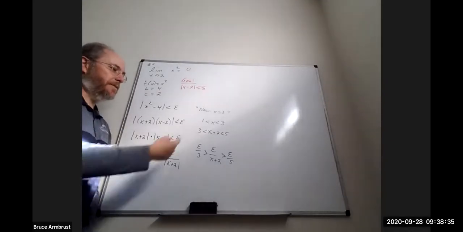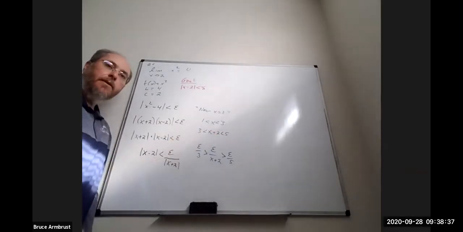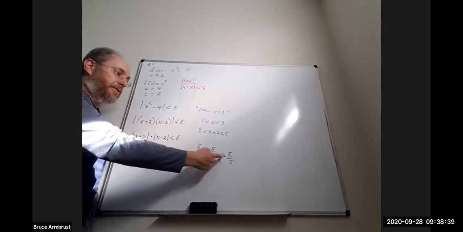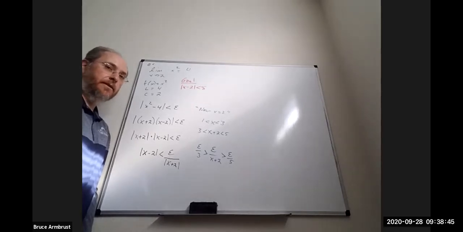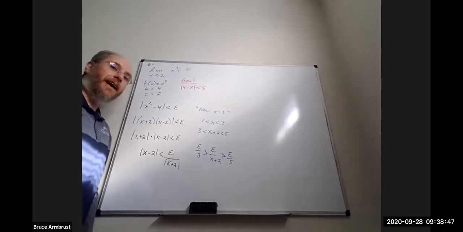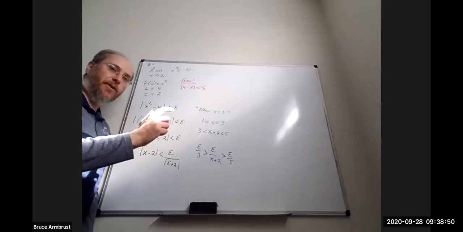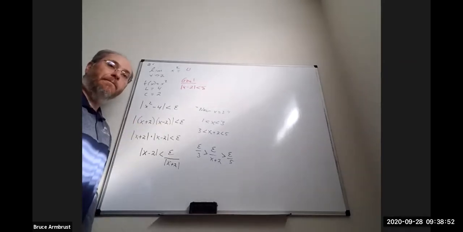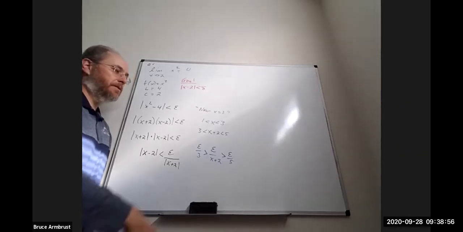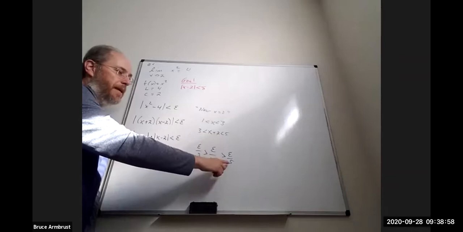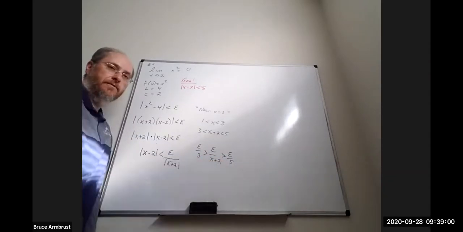So I'm just taking epsilon and dividing by those things. But I did change the direction of the inequality. And that was intentional. Because when you divide by numbers, the inequality swaps. If you divide by something big, you get something small. Okay, so dividing by the bigger number actually results in the smaller value.